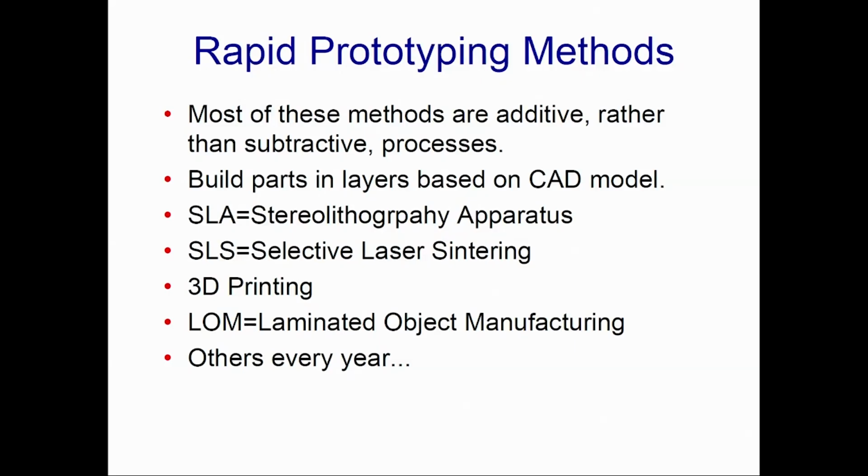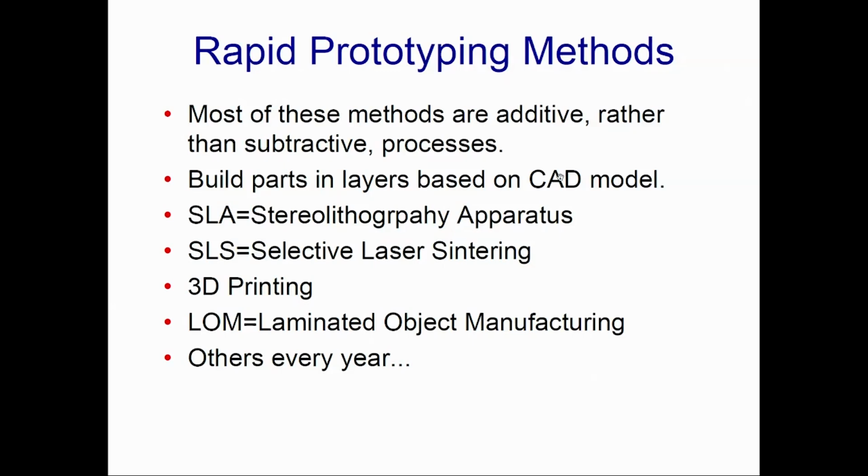So, most of the rapid prototyping methods, now loosely called 3D printing, are additive rather than subtractive processes. Often you see 3D printing, but there are a lot of them, and 3D printing is only one of them. So, you have molten plastic which will go on building things, and then you have your eventual prototype.